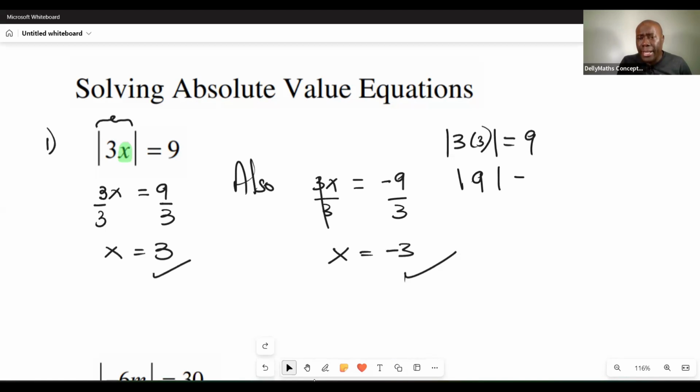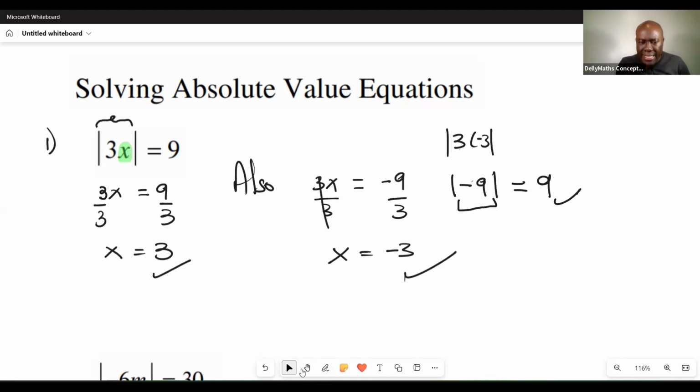Now, if I replace x with -3, we're looking at the absolute value of -3 times 3, which is -9. It is still 9, because if we're asking how far this is from 0, it's 9 units from 0. So the absolute value of -9 and +9 is still 9. So we have two answers there.